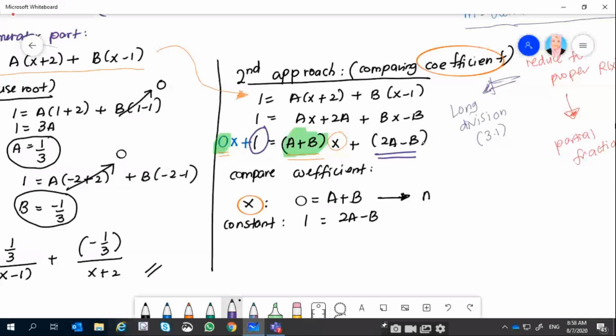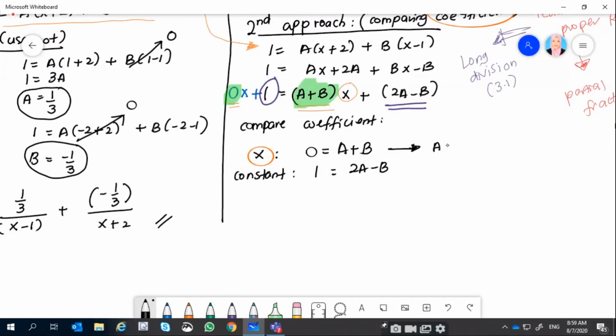And then to find a and b, we have to solve this simultaneous equation. For the simultaneous equation, you can use substitution, or you can subtract or add the first and the second equation here.